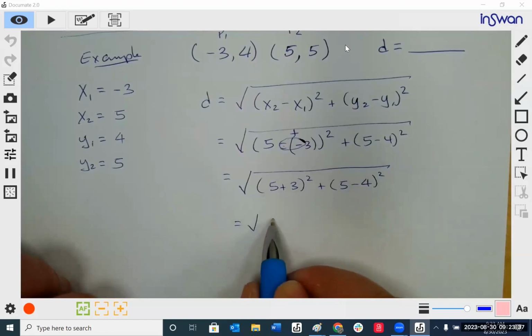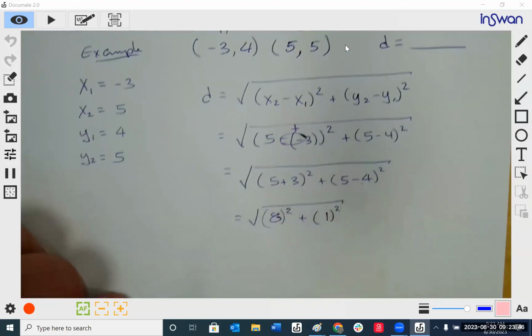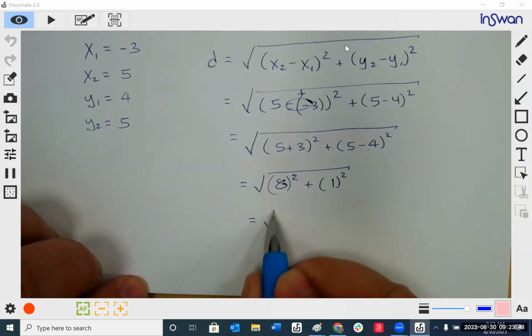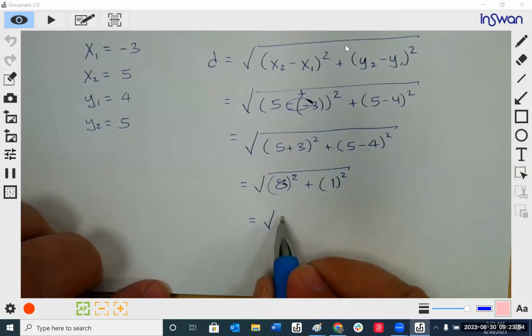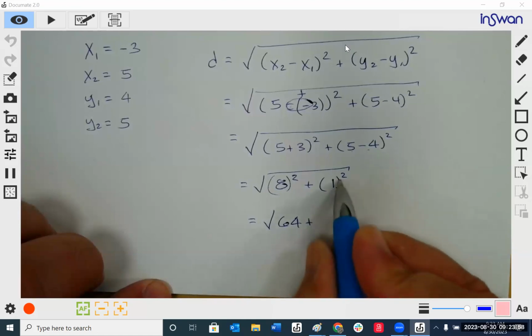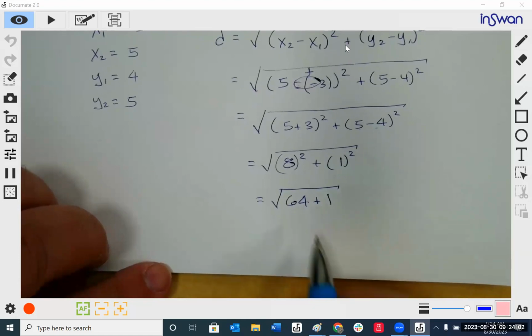Five plus 3 is 8. 5 minus 4 is 1. 8 squared. 8 times 8 is 64. 1 squared. Sixty-four plus 1.